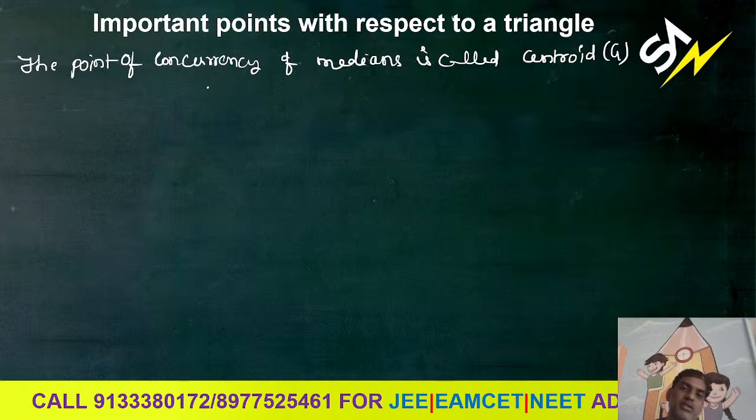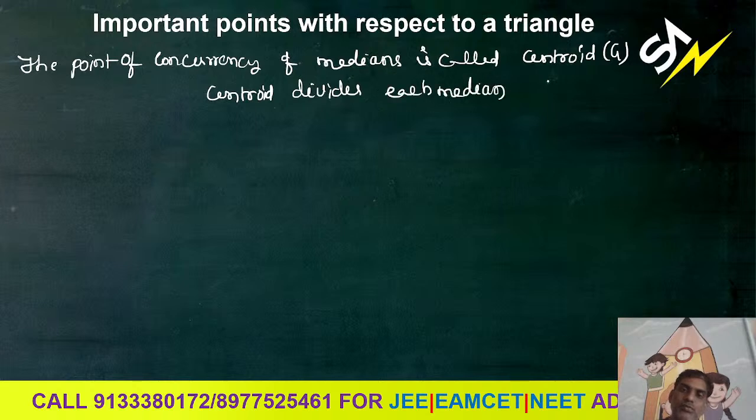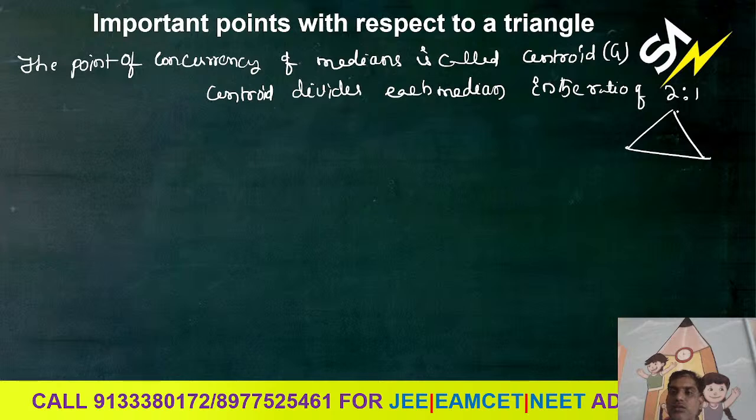And the centroid divides each median in the ratio of 2:1. Suppose this is a triangle, then this is a median, AD is the median, and here is the centroid, which divides it in the ratio of 2:1.